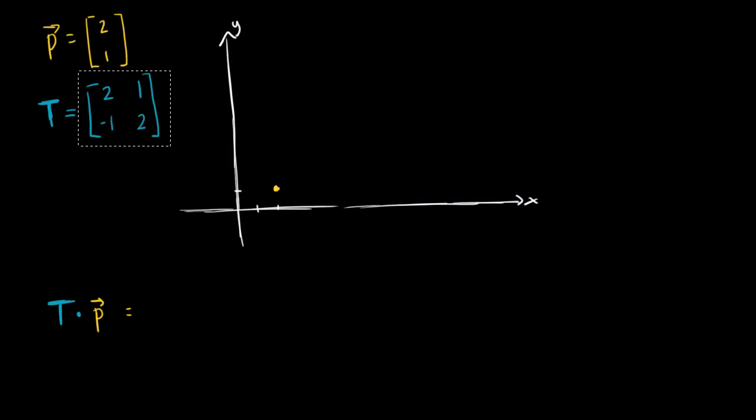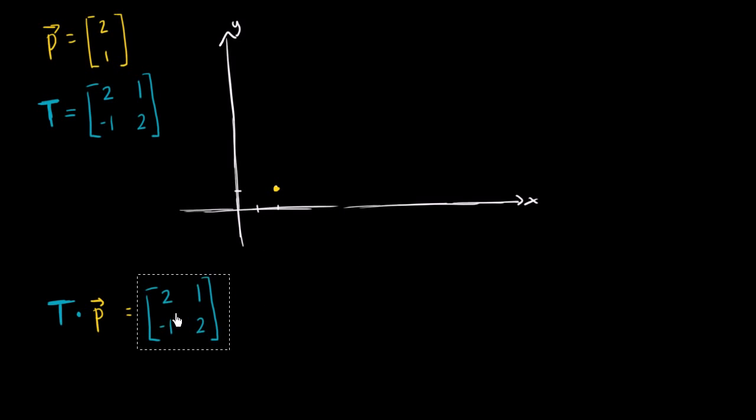We already know what they look like, so I'm going to copy and paste. That is T, and this is p right over here. Can we multiply a 2 by 2 matrix times a column vector like this, which is essentially a 2 by 1 matrix?